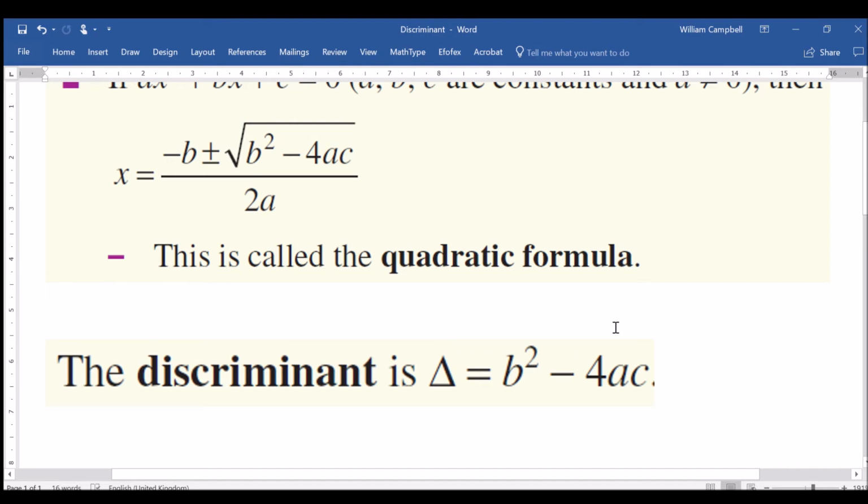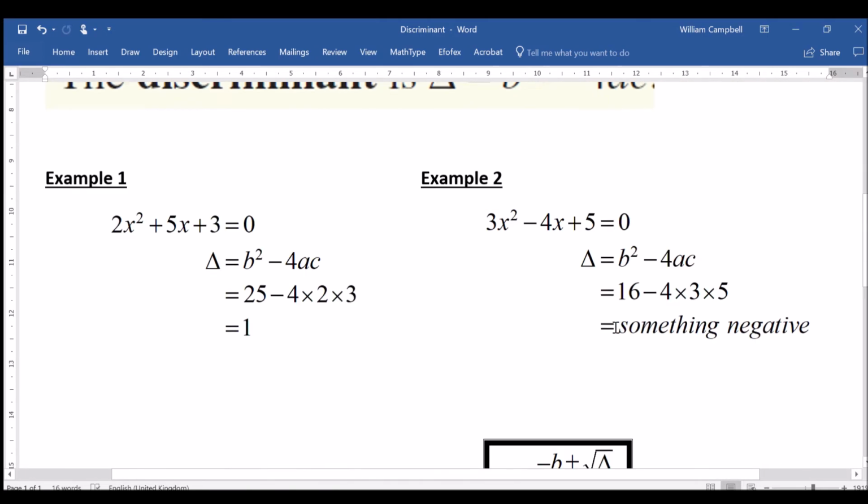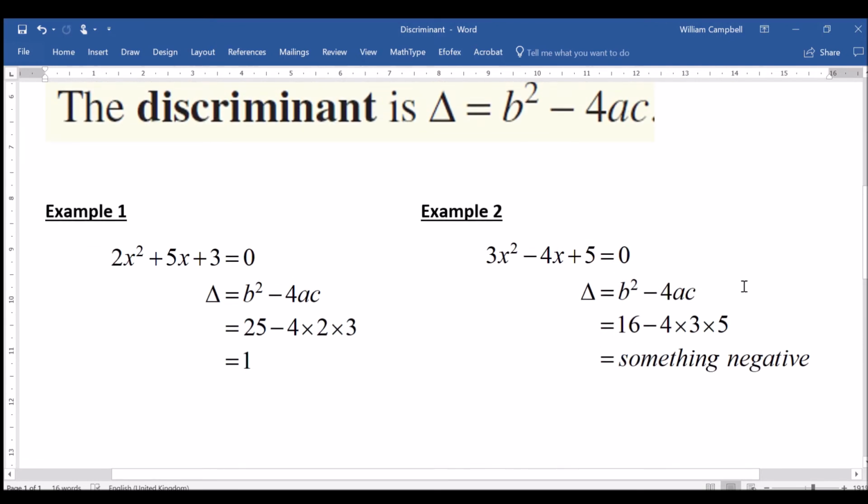So let's look at what this means when we're analysing an equation. So here are two examples. First example, we've got 2x squared plus 5x plus 3. And if we just look at the discriminant part, not the full quadratic formula, just the discriminant, that's the b squared minus 4ac part. And later we'll be able to do this in our heads.